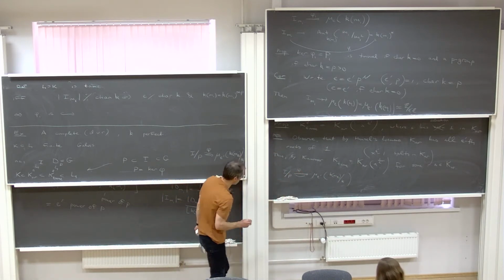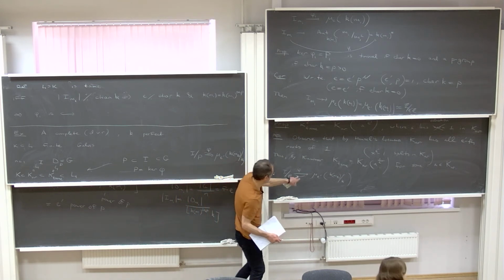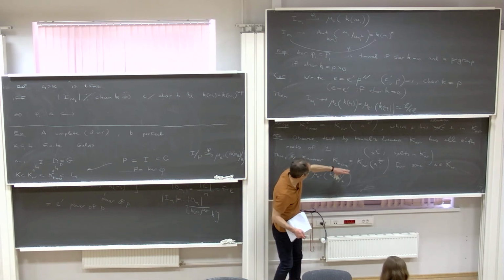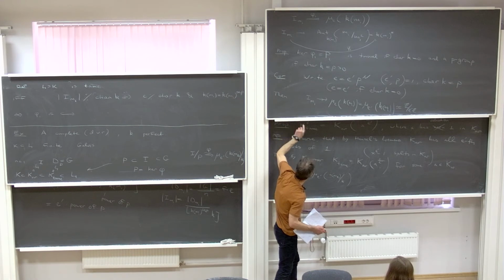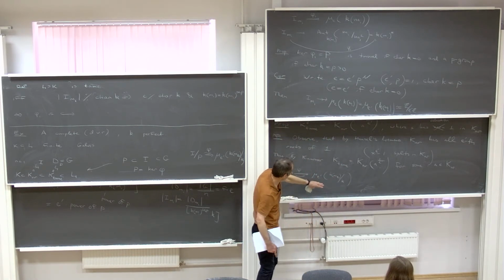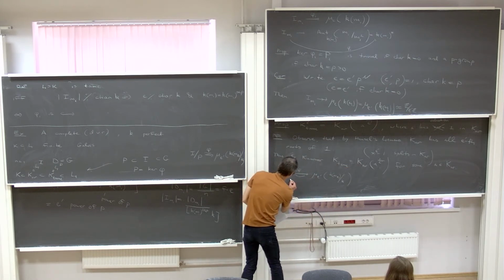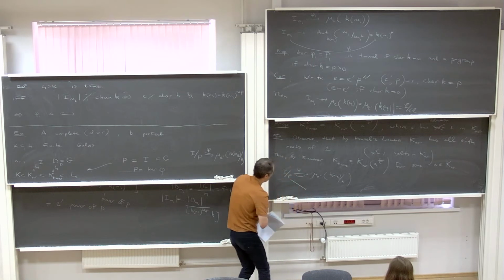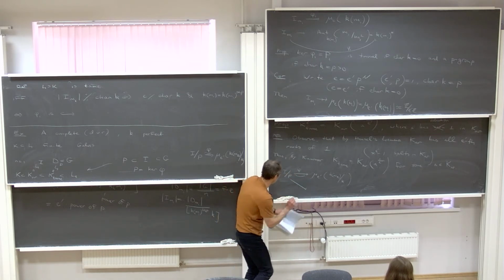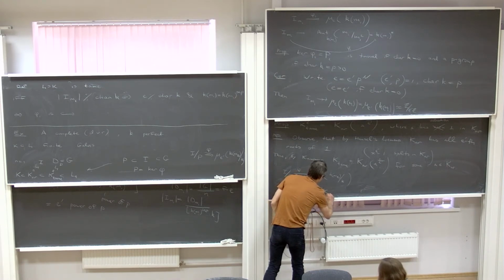On the other hand, this is the Galois group of this extension. If the extension has this form, then you can construct another homomorphism to roots of unity, and this time just in K unramified.